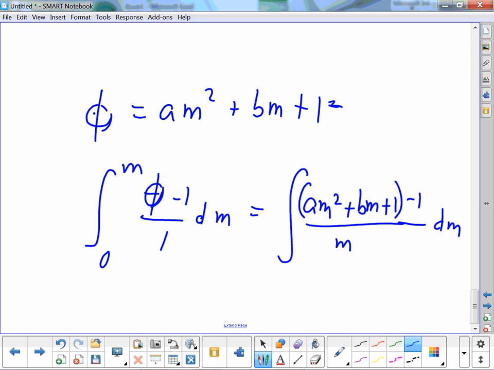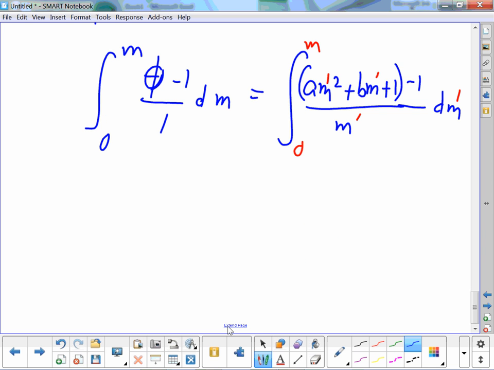And like I said, we're going to make these primes because our limit is going to be from 0 to m. What would that be? That's going to be the integral of am prime plus b, and then the 1 cancels out, right? Am dm prime from 0 to m.